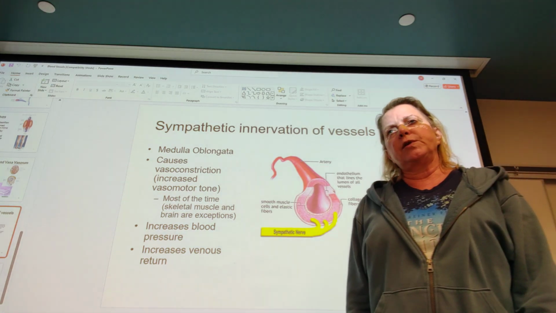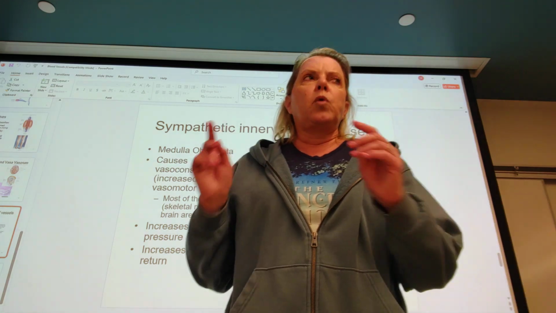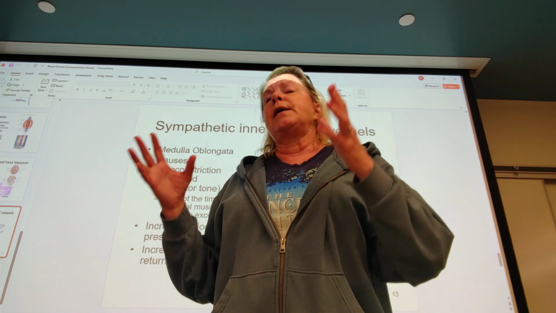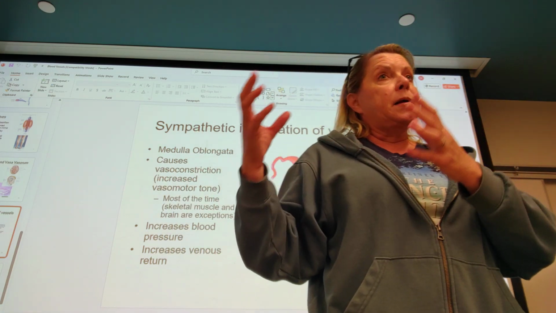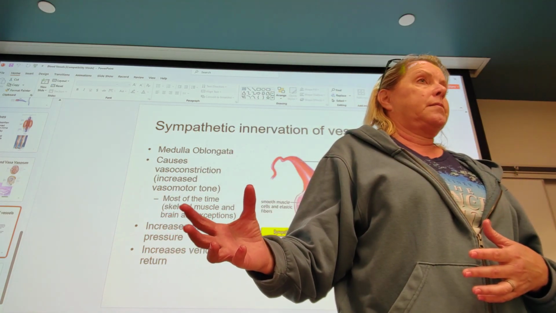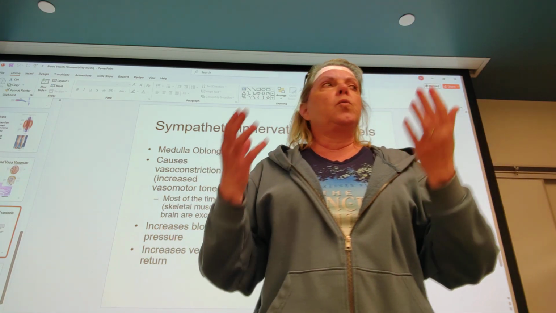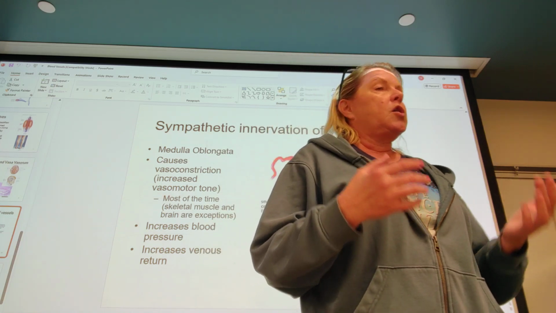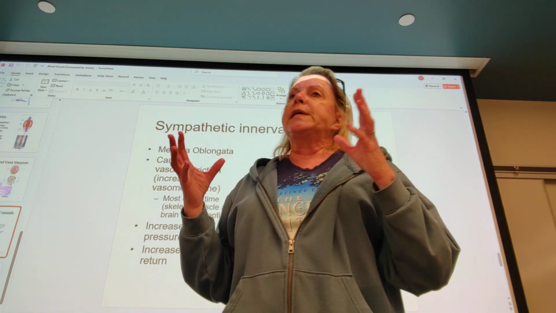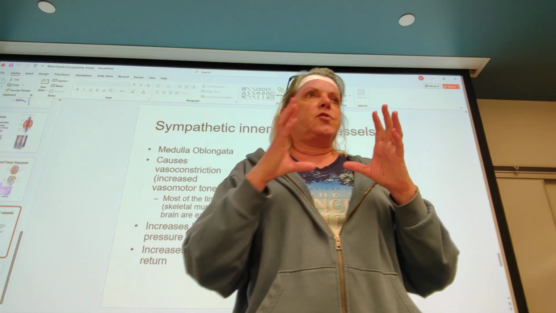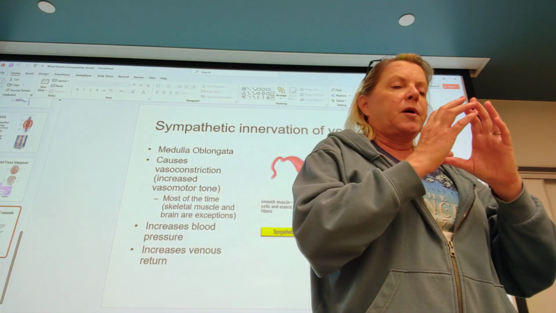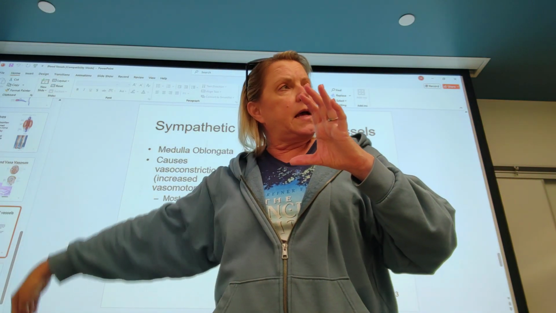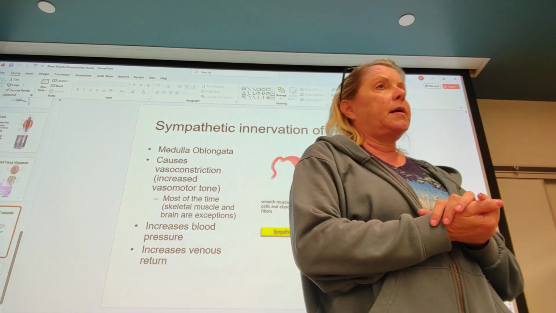If you are running for your life, you want more blood to return to your heart so that it can pump it to tissues of your body that are suddenly hyper metabolically active. You are running. You want good blood supply to your skeletal muscle, your leg muscles. You need that. So during times of stress, your blood pressure goes up. This puts more pressure in the blood inside and makes the blood travel back to, through, and out of the heart and to the other tissues of the body more quickly.